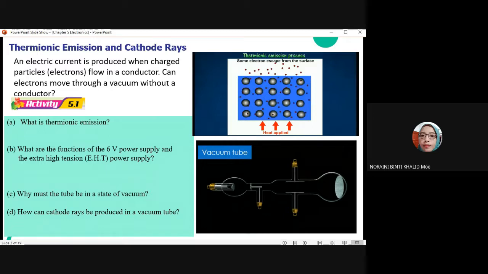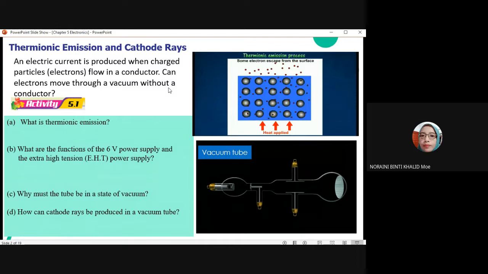The smaller the specific heat capacity of metal, the metal will be heated up faster, thus more number of electrons will escape from the surface of metal per second, or rate of thermionic emission increases.